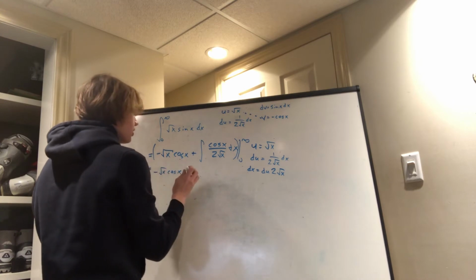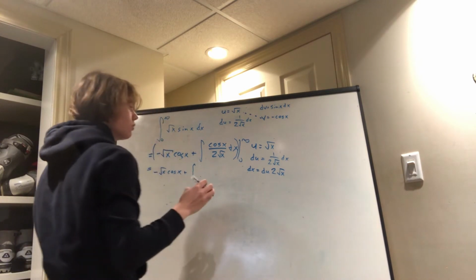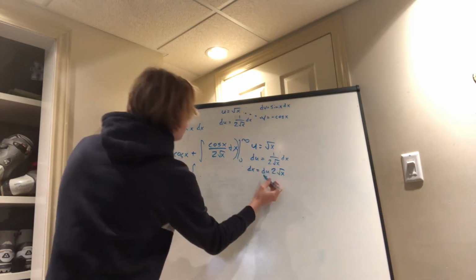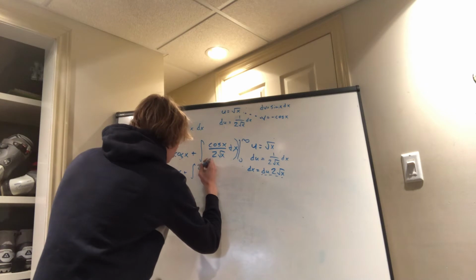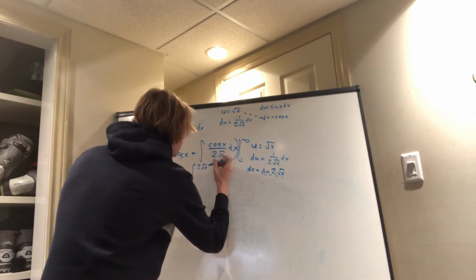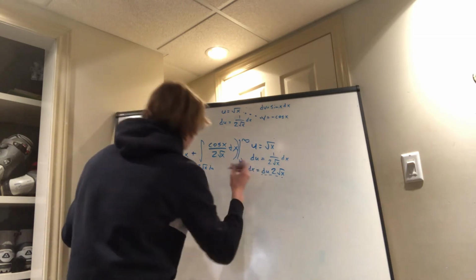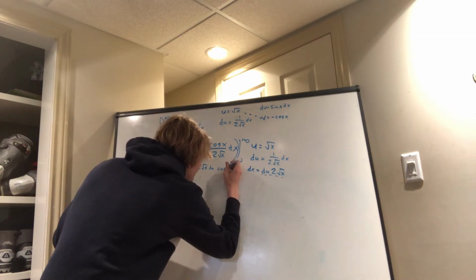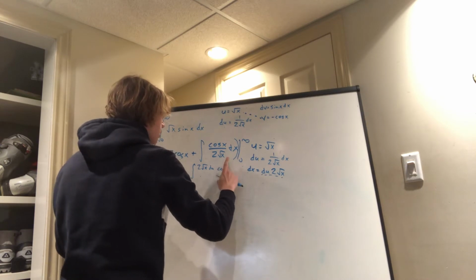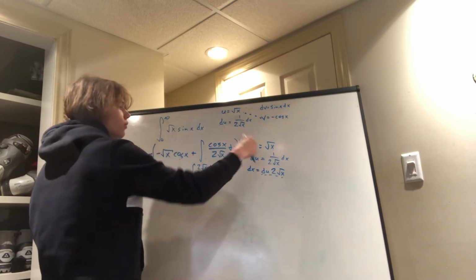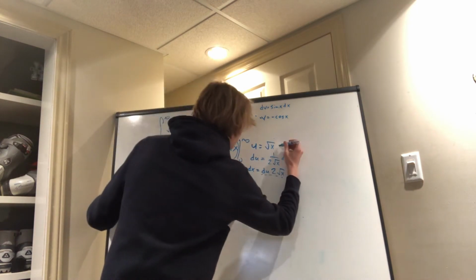Square root of x cos x plus the integral from, if we plug this in for our dx, we'll get 2 square root x du. Putting the du before the cos is kind of risky. Cos x, but we don't want x, since notice we want it in terms of u.